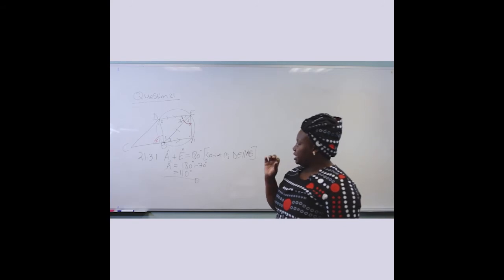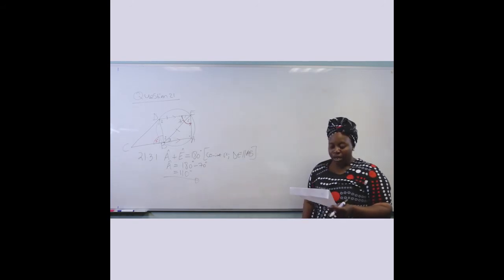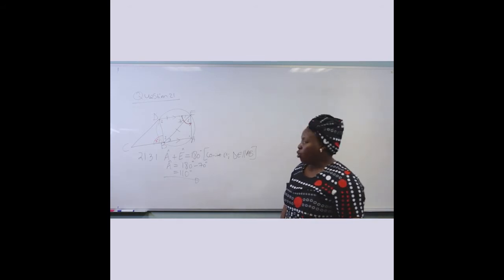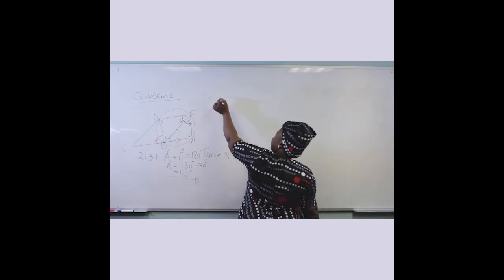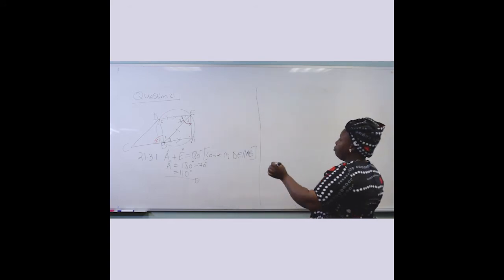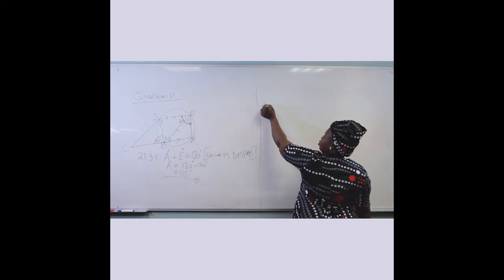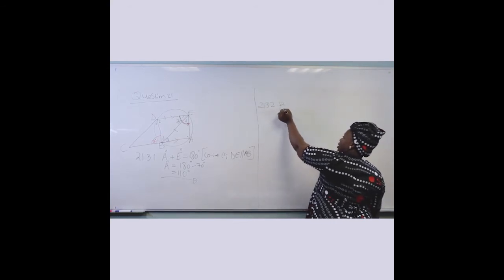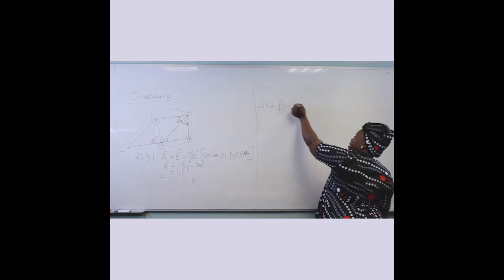Okay, the question 2 there says, write with reason the size of B1. I think we've already done that. If you look at it thoroughly, you will see we have done that. Now, B1, this is 21.3.2. So B1, we have said that already, it's going to be equal to 70 degrees.